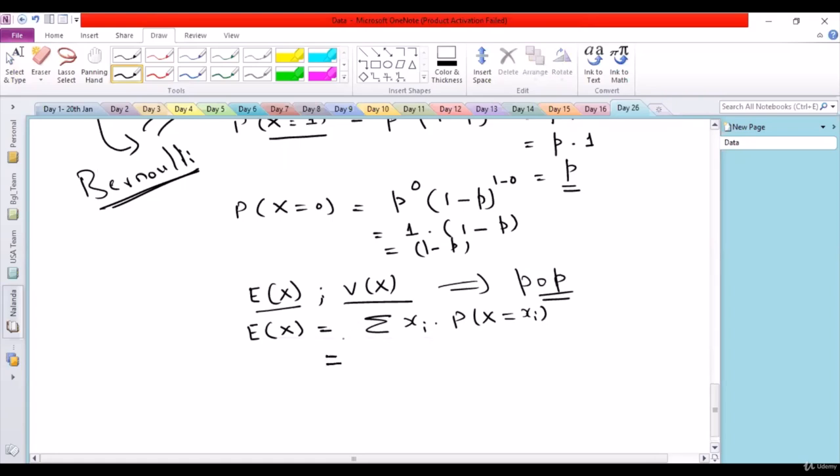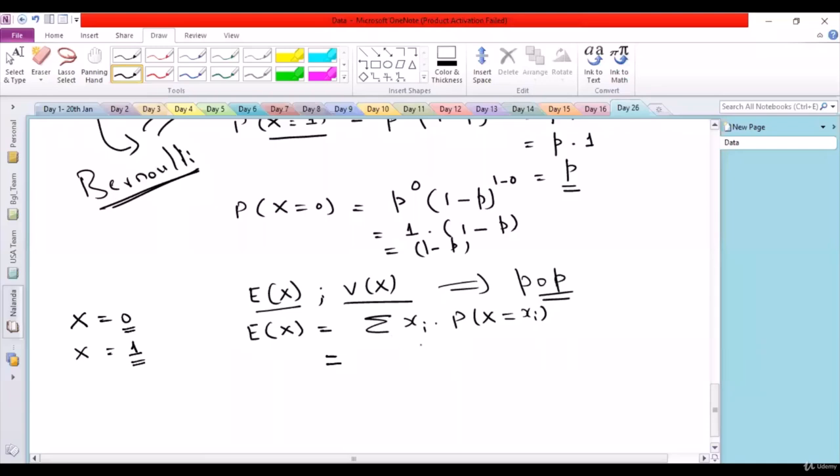Coming back to you. Now, what is this sigma xi into pi? What is my xi here in this context? You have two values. One is x is equal to 0, another one is x is equal to 1. This is my success, this is not my success.